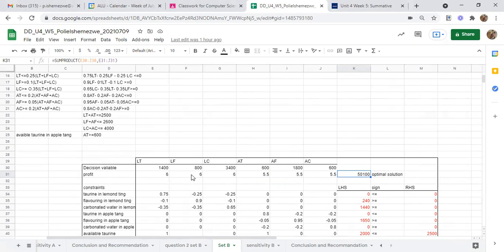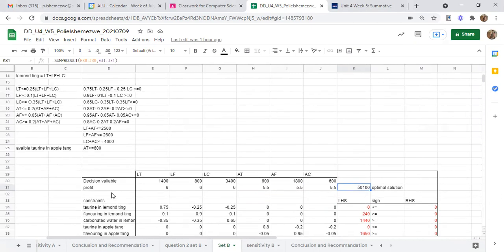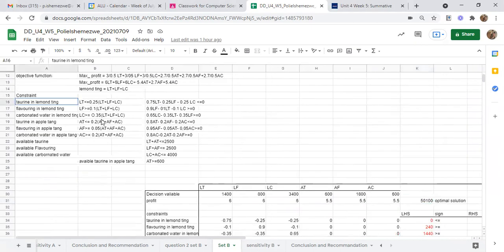The fourth step is to list out the constraints we have, which is here. Firstly, there is a percentage required for taurine, flavoring, and carbonated water in lemon tang.